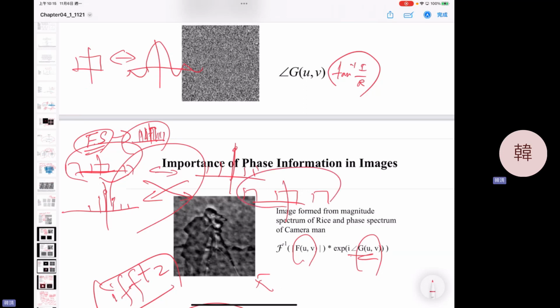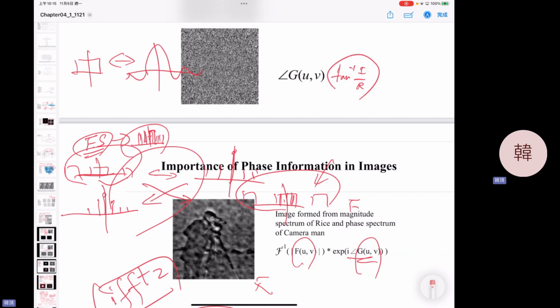But in the computer world, in which domain do we have to do our image processing? In the computer, what can you do? You are going to sample in the frequency domain, so it becomes sampled. That's what we call the discrete Fourier transform.